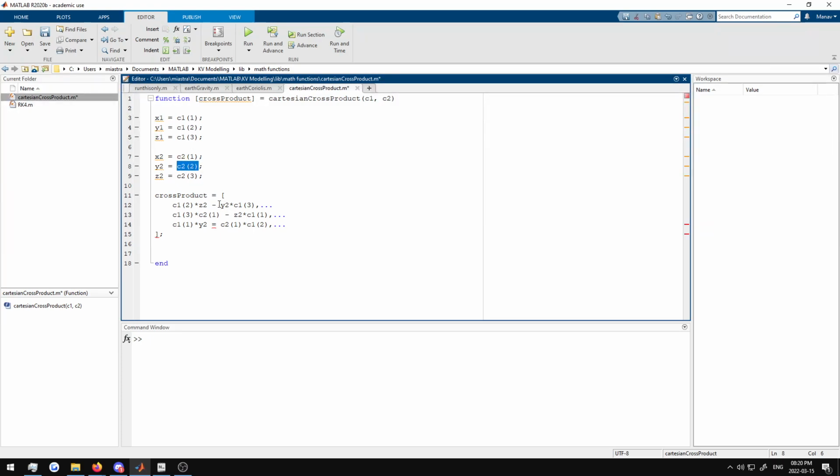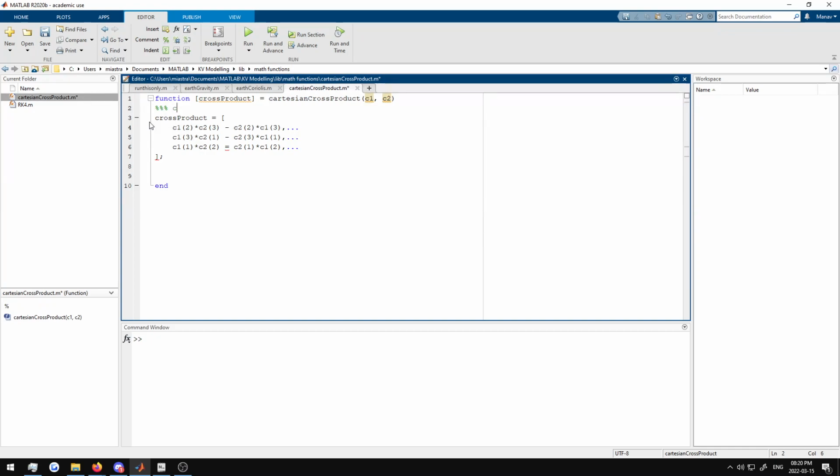Y2 shows up here and here. And Z2 shows up right here and right here. If that was confusing, pause and rewatch it, because I did that in a weird way. It might help to go through it one by one. Not minus. Okay, there we go. And that's the standard Cartesian cross product.